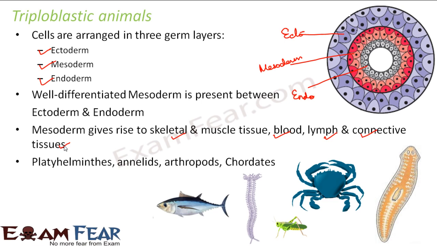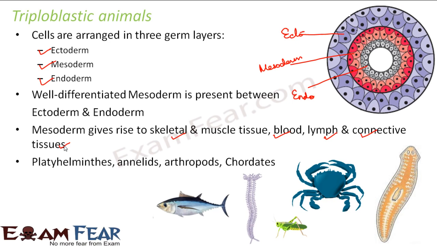Examples include platyhelminths, annelids, arthropods and chordates. Most of the complex animals which we see are all triploblastic. They have all three layers. The endoderm will form the internal organs. Ectoderm will form the external things like hair, skin, mammary glands.